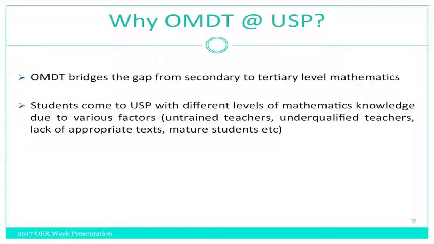Okay, so it bridges the gap from secondary to tertiary, and also students come to USP with different levels of mathematics. This could be due to other factors, such as untrained teachers, underqualified teachers, lack of textbooks, and now we also have an increased number of enrollment of mature age students.